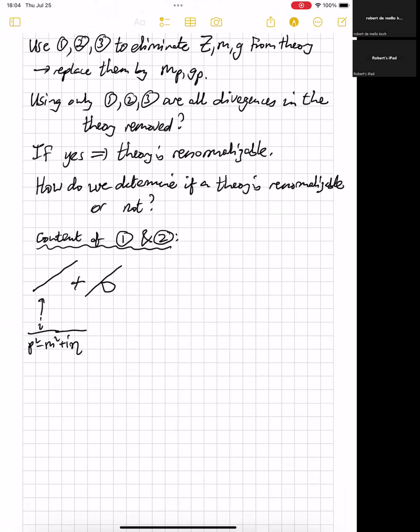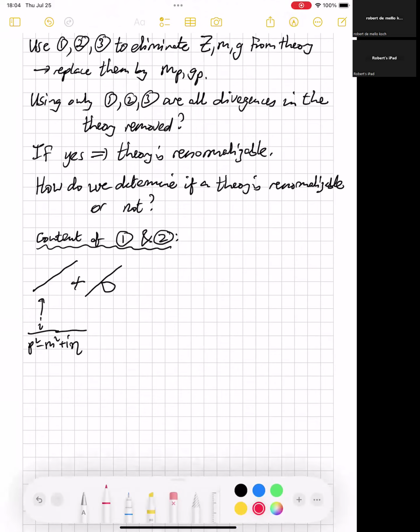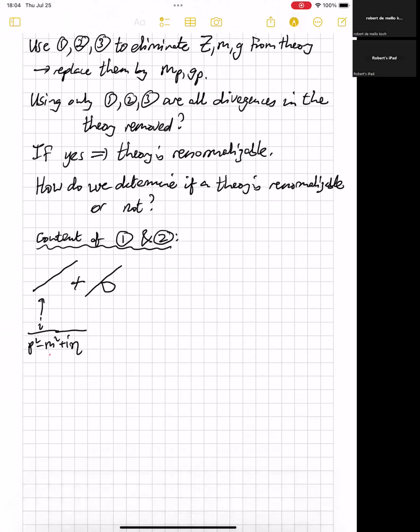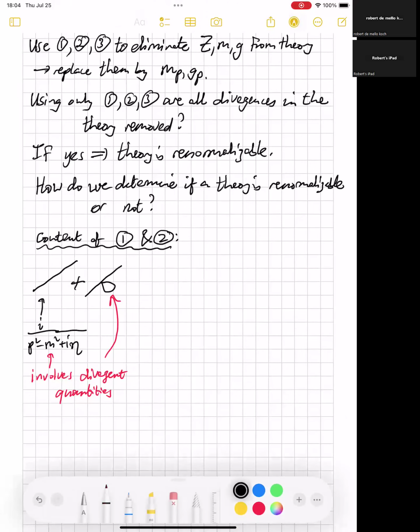So it already involves divergent quantities, and that means ill-defined quantities. And this integral, we also know diverged. So both of these terms were badly behaved. And let's denote this sum by a double line.